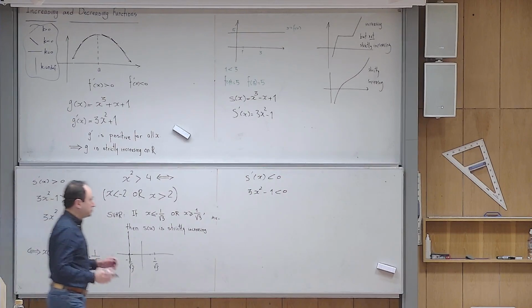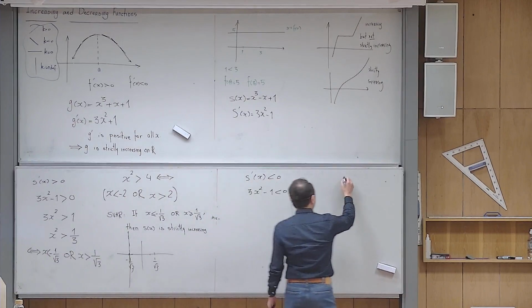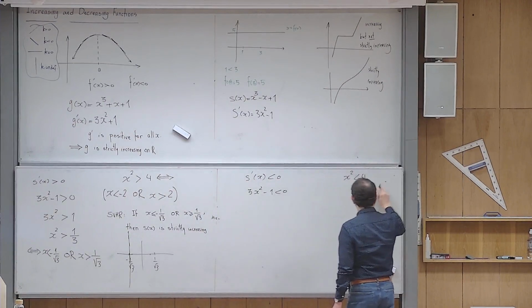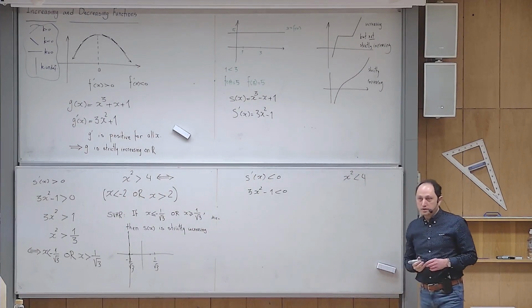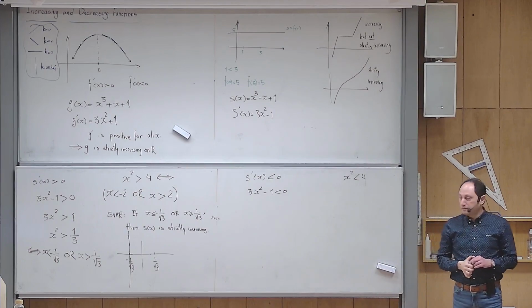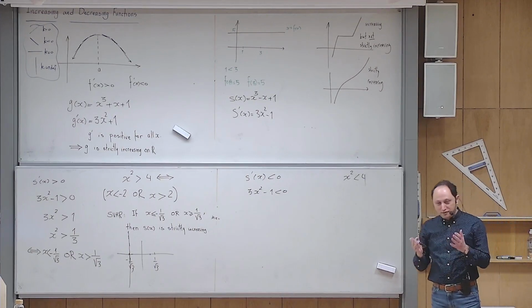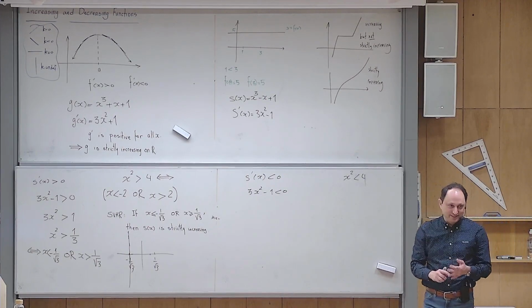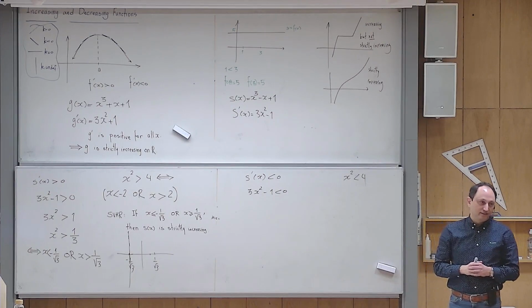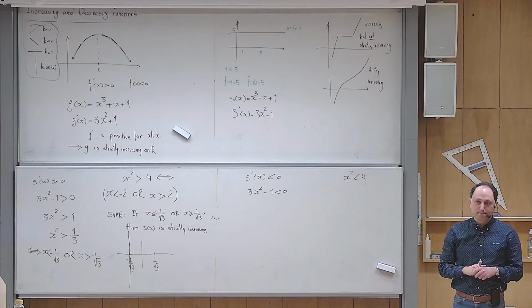Okay, so let me ask you this question again. If I ask you x squared less than 4, and I ask you to solve this inequality, what is the answer you give me? X is less than -2 or greater than 2. No, you have to be careful about or and here.